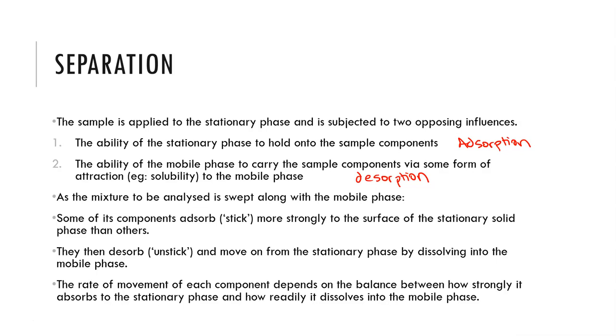The rate of movement of each component depends on how strongly it adsorbs to the stationary phase and how readily it dissolves into the mobile phase. This is, of course, determined by the strength of intermolecular forces and the type of stationary and mobile phase that we are using.